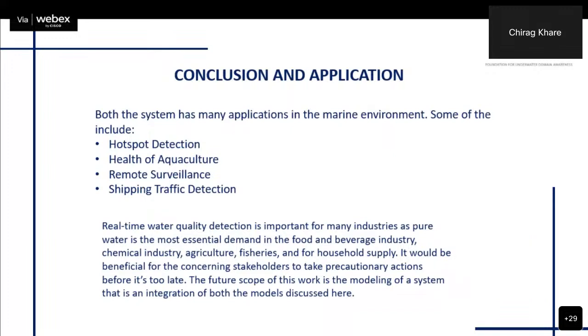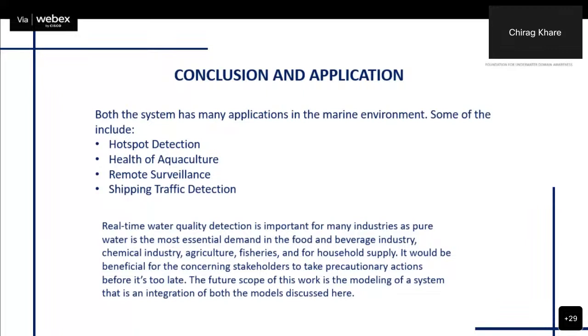Now, talking about the applications of these systems, these can help in hotspot detection. By measuring the various parameter values, we can come to know if any parameter value is exceeding the preset limitations or not, and correspondingly work on those particular locations.